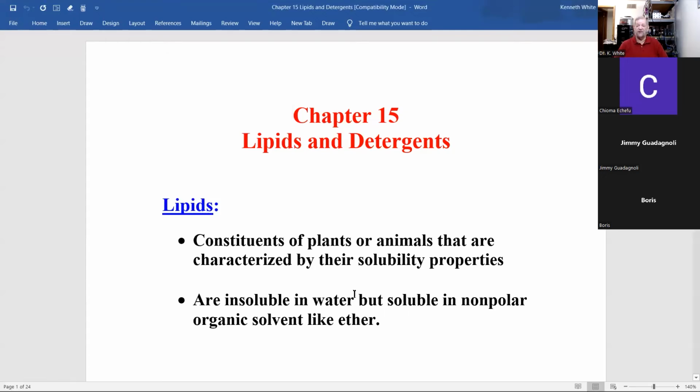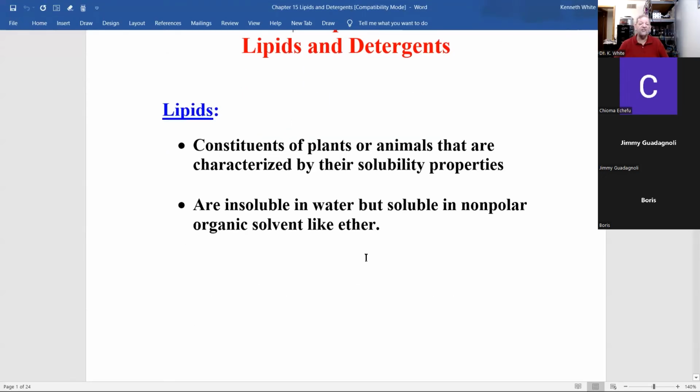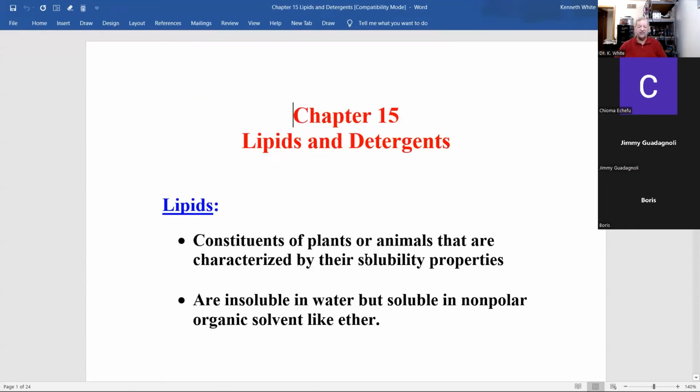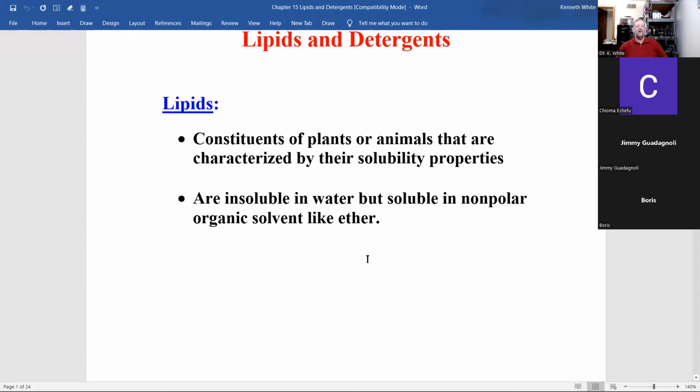But test number 4. And let's talk about lipids and detergents. And in this chapter, I'm going to talk about things you wouldn't think about. You'd learn, like how does soap get your hands clean, and a whole lot of other neat things. And this is an area I also worked in the chemical industry. Now, what's a lipid?